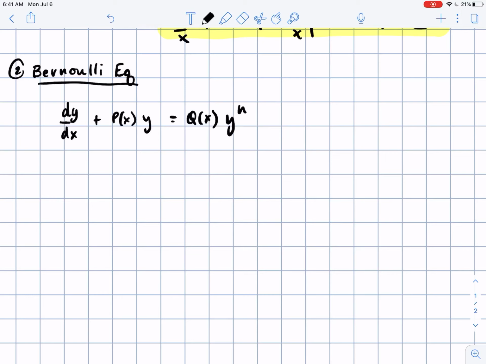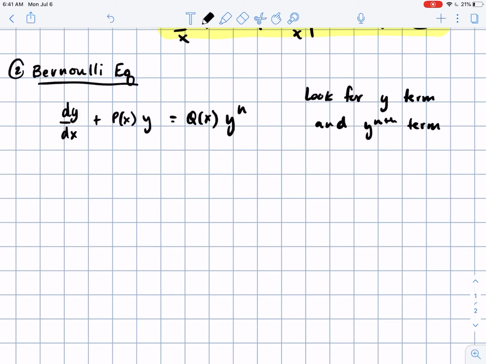All right, so for Bernoulli, always look for a y term and a y to the nth term. And then that'll help you set this up, okay?